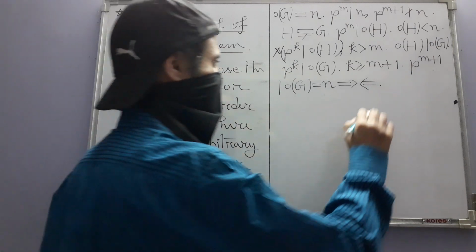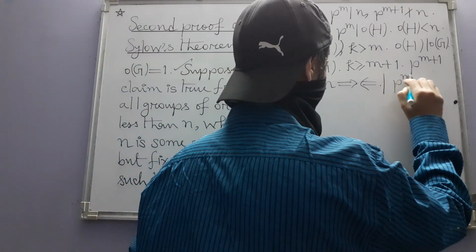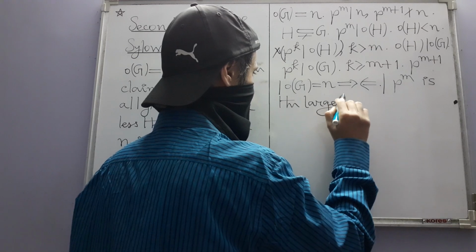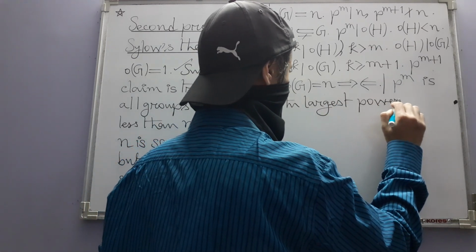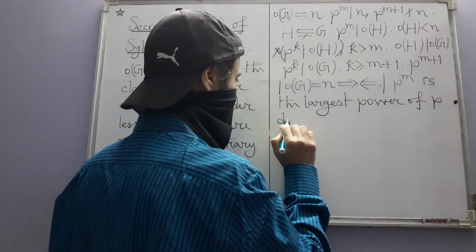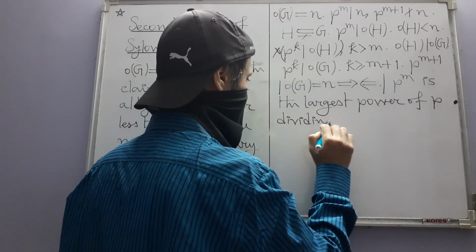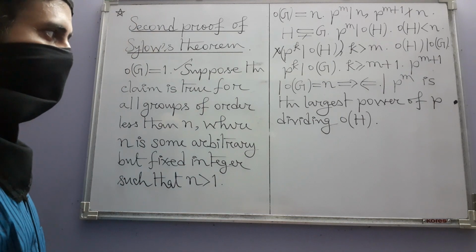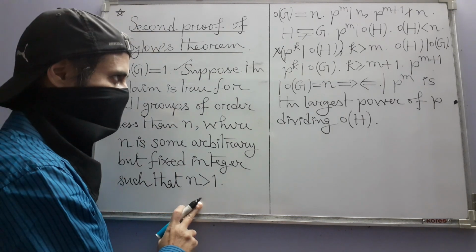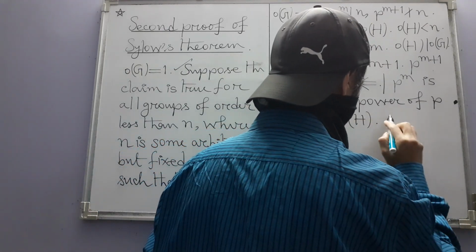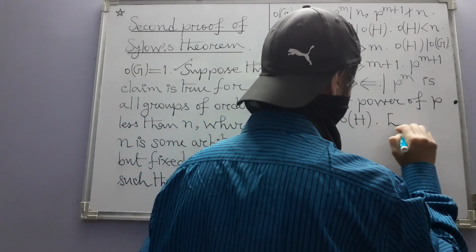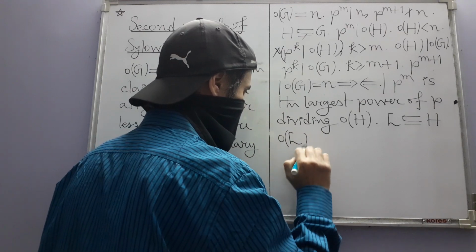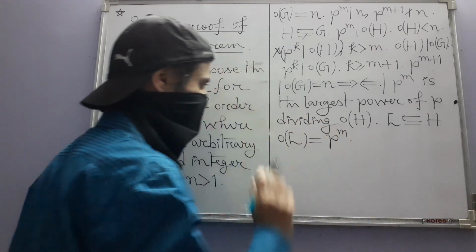So that is why this cannot happen. In other words, P to the power m is the largest power of P dividing the order of H. But then by our induction hypothesis, H must have a subgroup, let us call it L, whose order is P to the power m.